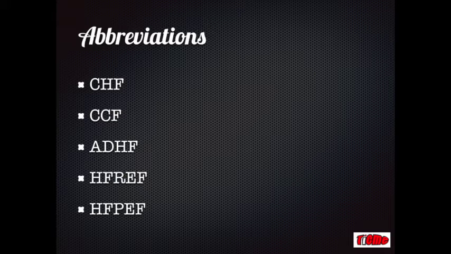The HF-rEF stands for heart failure reduced ejection fraction, with the pEF standing for heart failure preserved ejection fraction. There's also the commonly used LVF for left ventricular failure and RVF for right ventricular failure, and in Australia and the UK, APO meaning acute pulmonary edema.